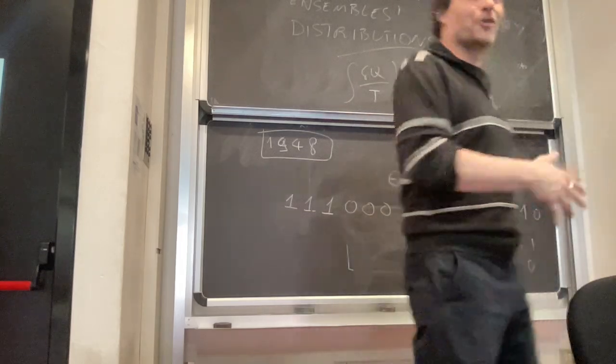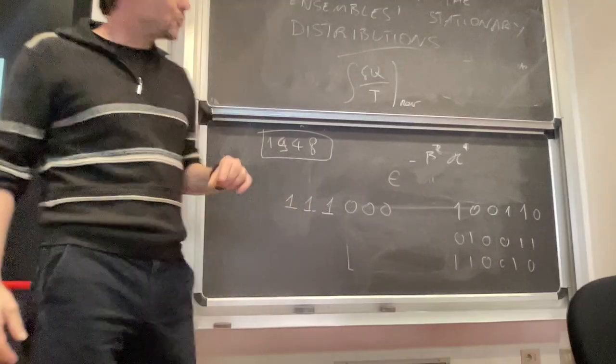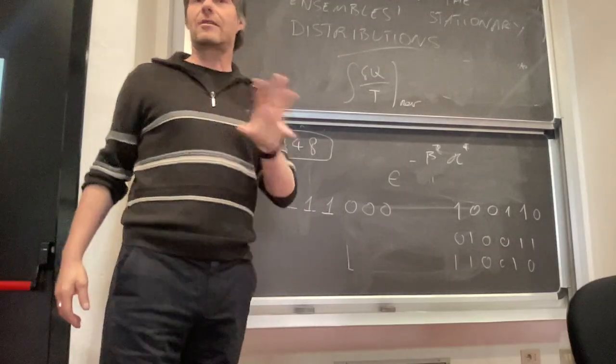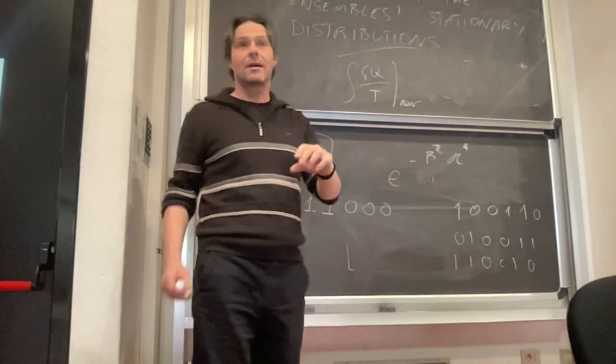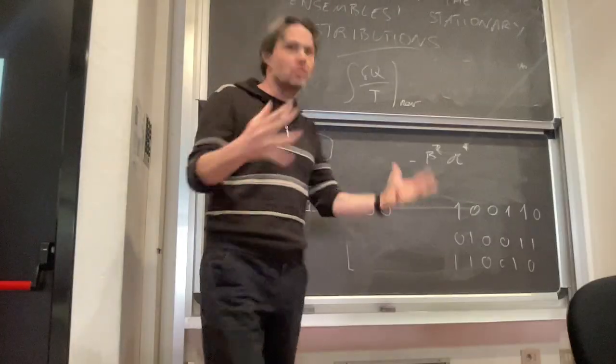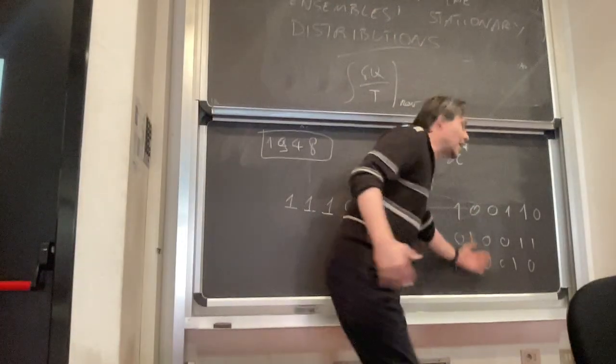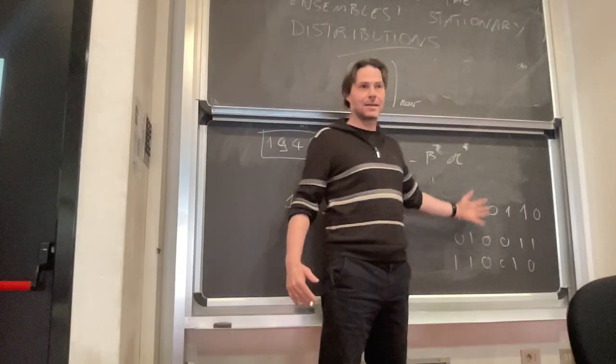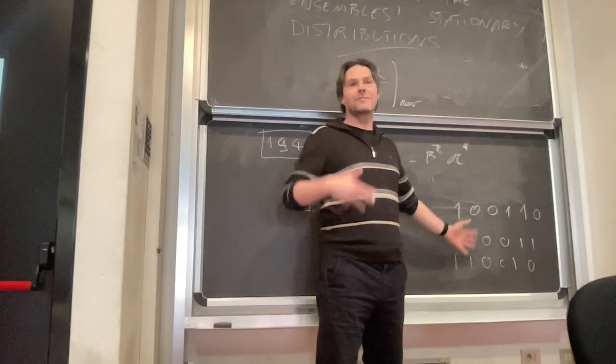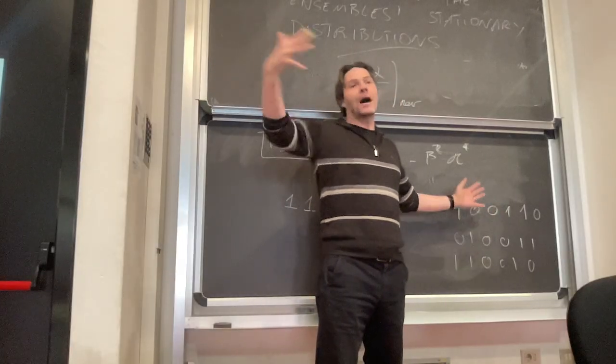But yes, so Boltzmann took his fundamental question very seriously. What the hell is entropy? And then he understood that entropy has to do with the number of equivalent states. And he came up with the idea of relating entropy to number of states.